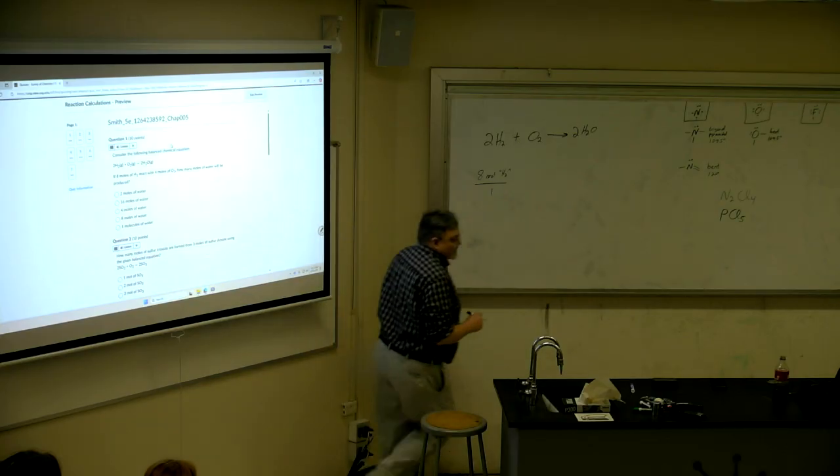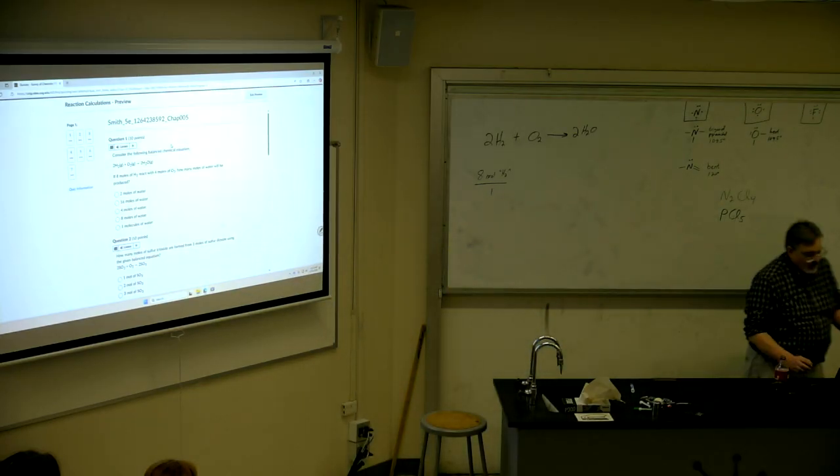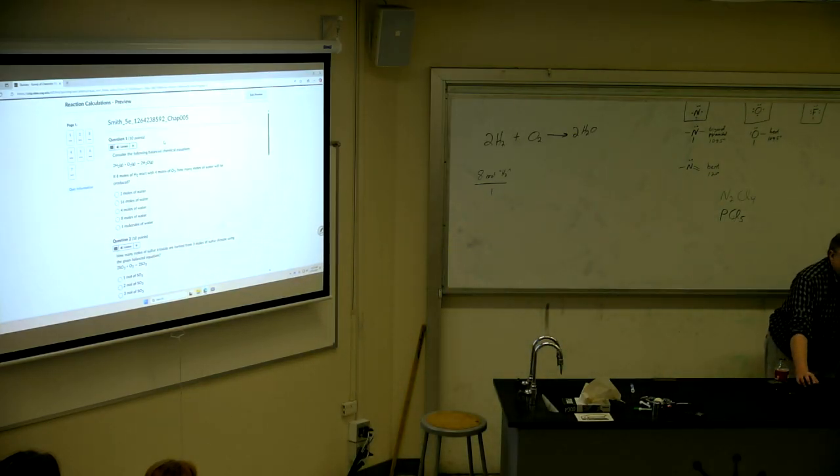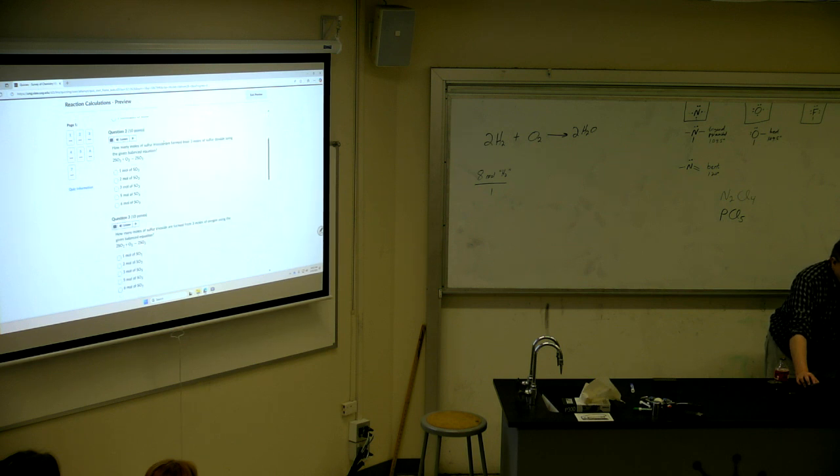In this case, you can use either one of those reactants. I won't ask one like this on the test. We still have to do one other thing in that chapter. So yeah, ignore number 1. Let me double check these.